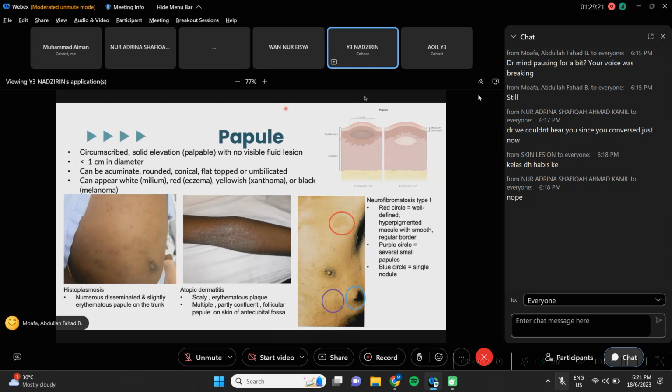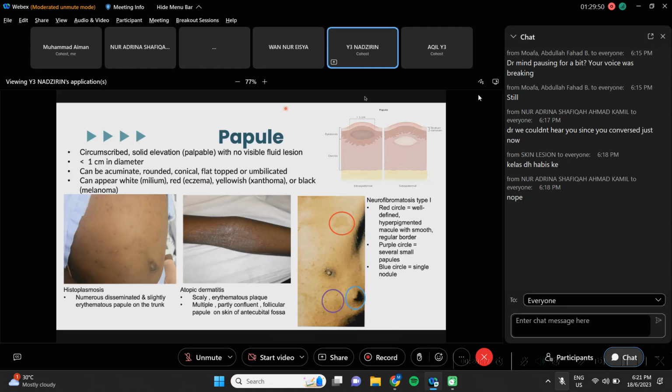Yes, Doctor. So what I was going to say is, to easily remember the different types of skin lesions and how to describe them, you can categorize them into flat lesions and raised lesions. Flat lesions can further be divided into different sizes and maybe different colors.